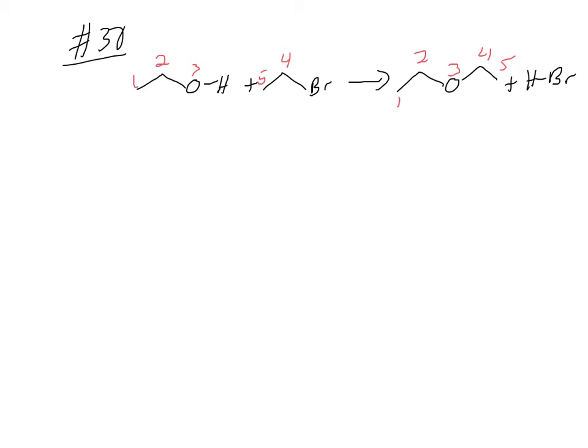Essentially, what's the nucleophile, what's the electrophile? So you have to choose between the alcohol and the alkyl bromide. One has to be the electrophile, one has to be the nucleophile. And you know what the products are. So which one do you think is going to be the nucleophile or electrophile?